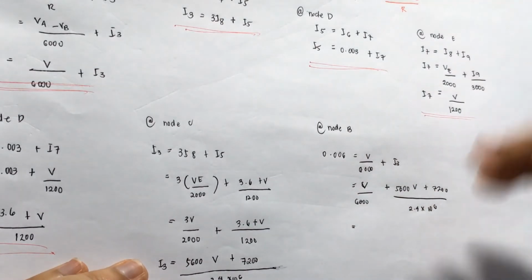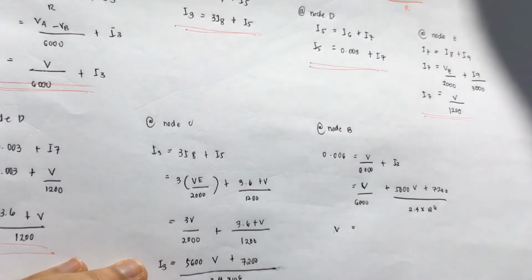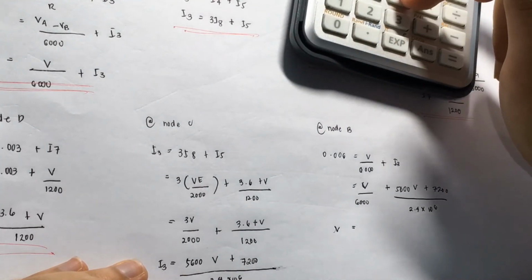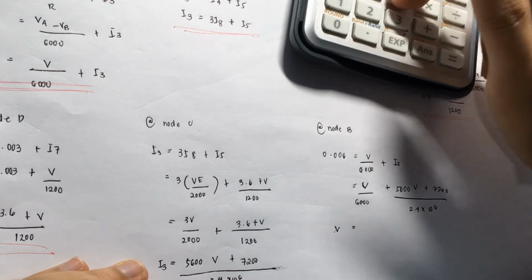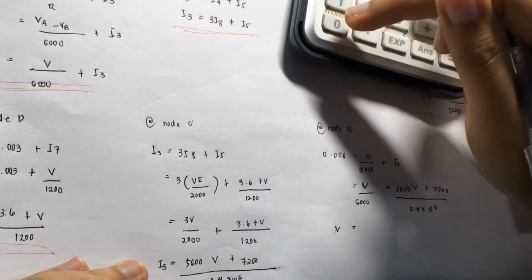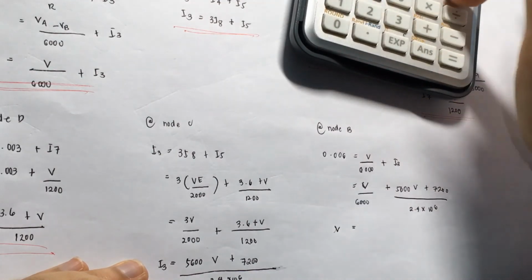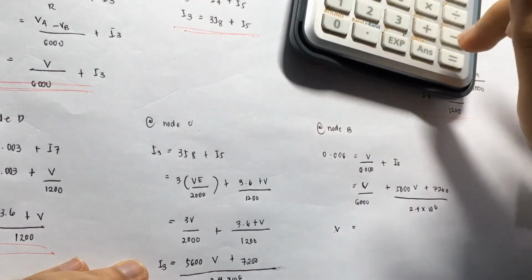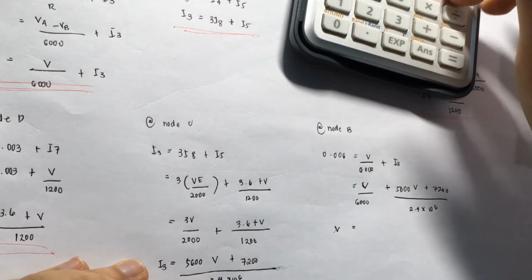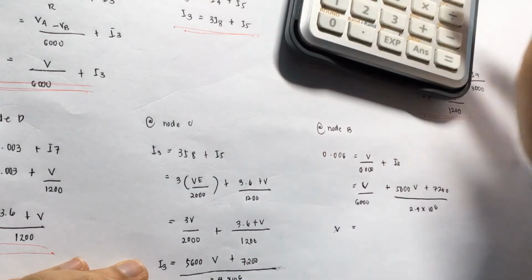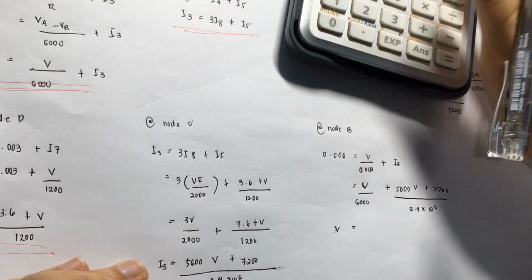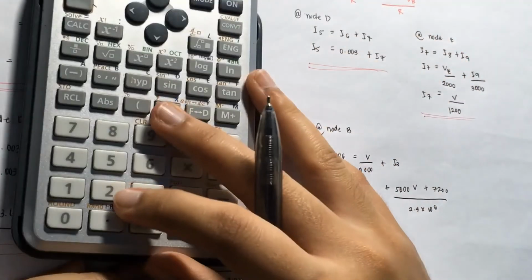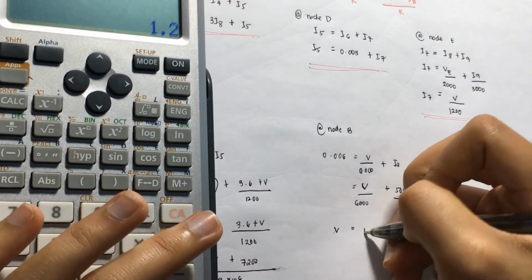So we will get the voltage by calculating this. So we now get 1.2 V.